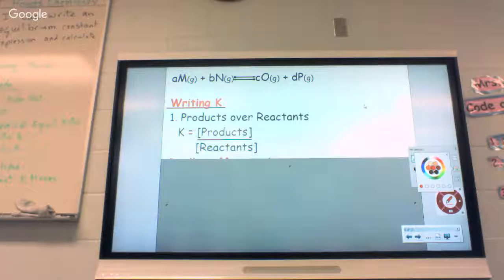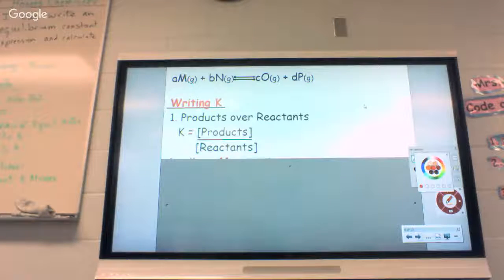Yes. They always have the reactants on top. So a lot of times people think, well, I did it right. But the wrong answer is always there. So make sure what is on top.